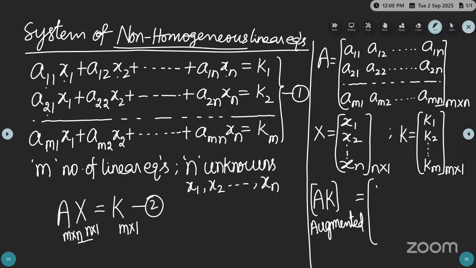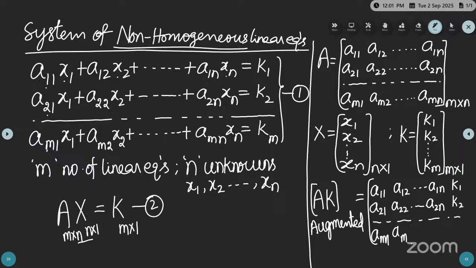What is it? A11, A12, and so on up to A1n, K1; A21, A22, and so on up to A2n, K2; and so on, Am1, Am2, and so on up to Amn, Km.